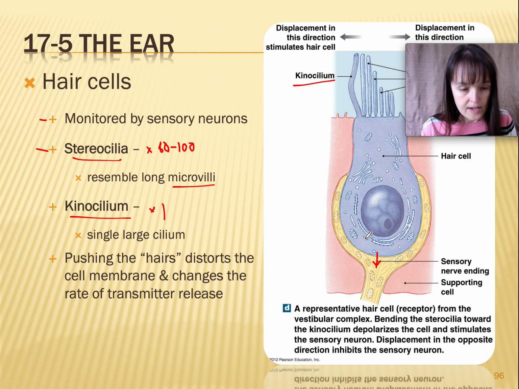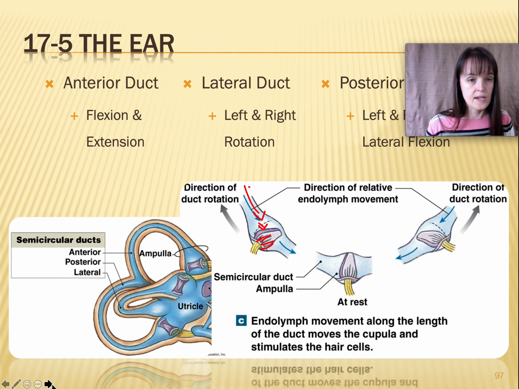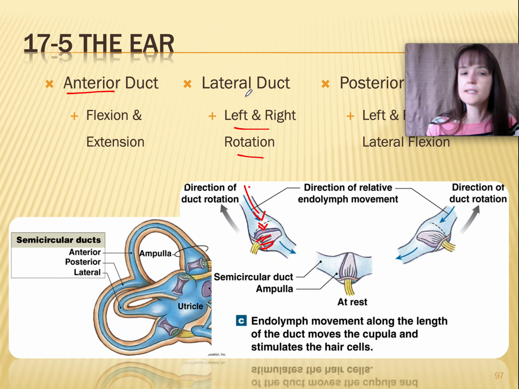Flexion and extension of the head are read by the anterior semicircular duct. And then left and right rotation, we already said, was read by the lateral semicircular duct.